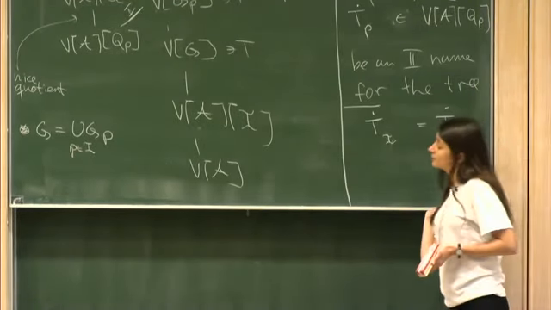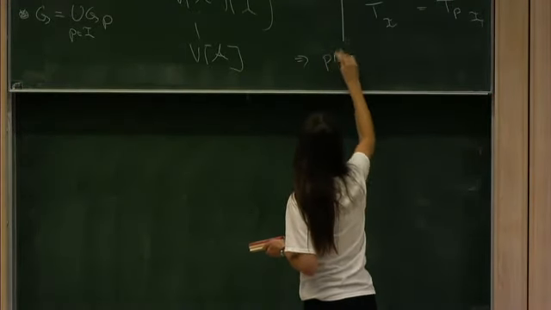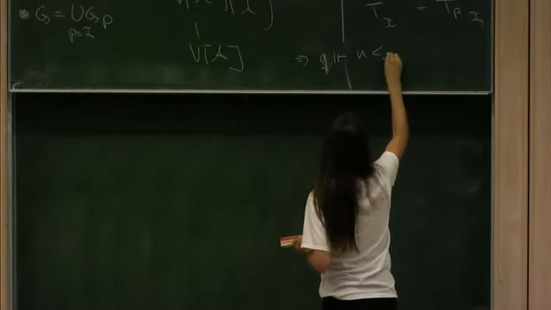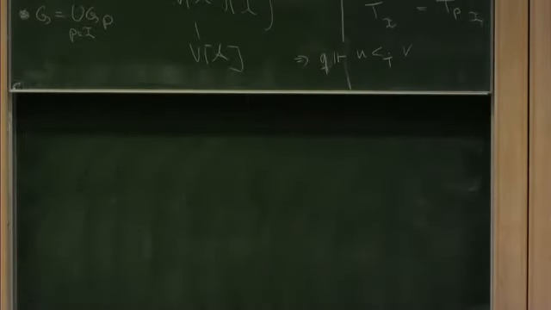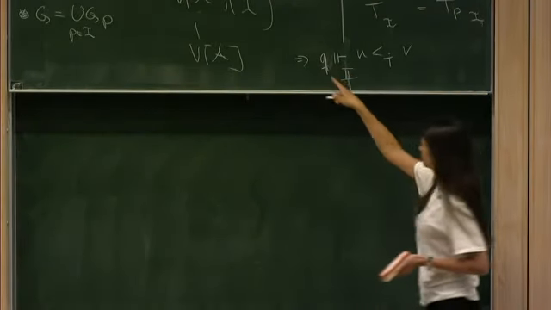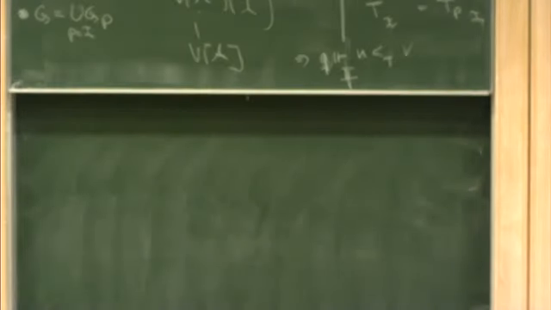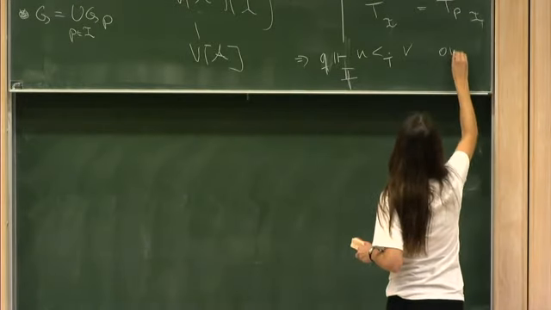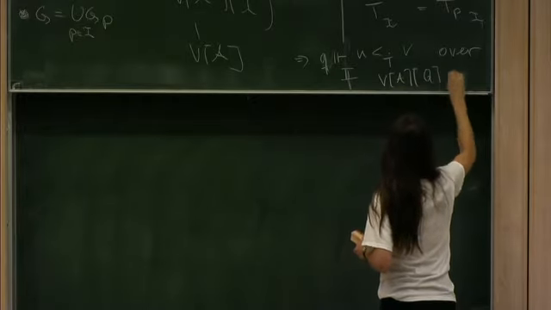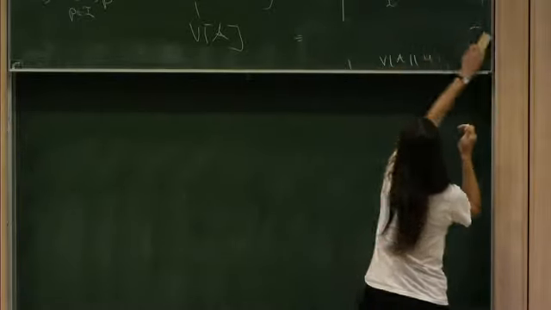So in particular, when I write something like that, Q forces U less than T sub dot V over I, Q is taken from the Prikry poset I. This happens over the ground model V[A][Q] if and only if, okay, let me write it here.